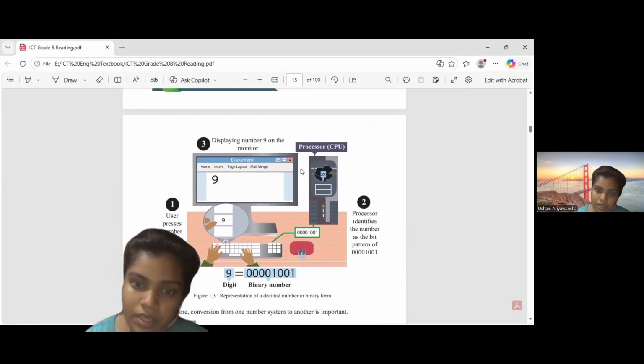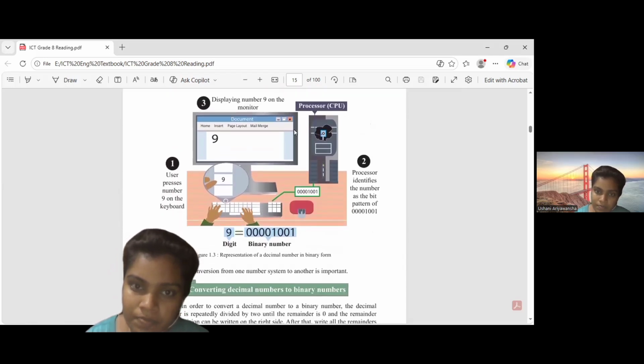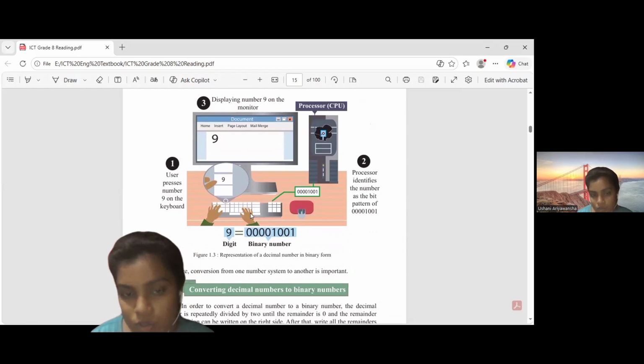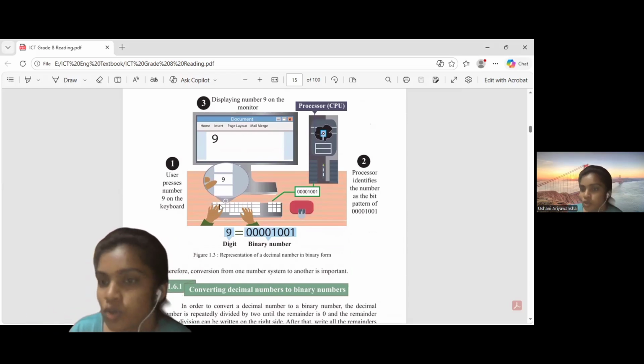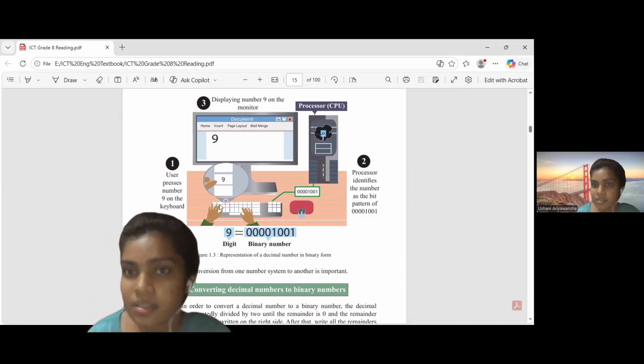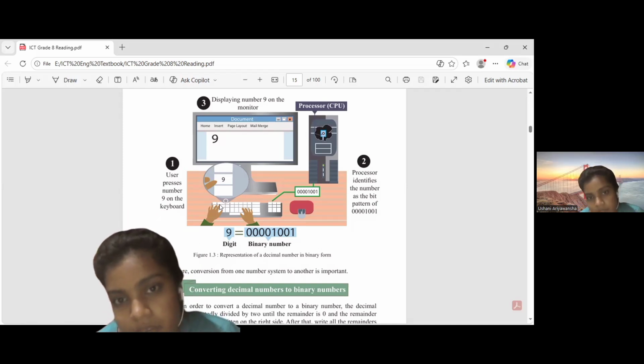So, okay, Puttu. Here you can see a user. The user is typing number 9, right? The user has typed number 9. You know, he is giving input in decimal number system, right?